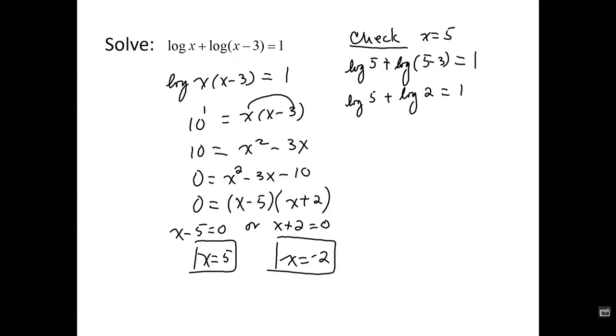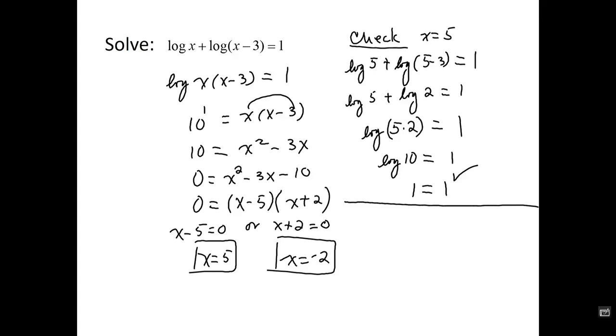And again, using the inverse of the product rule, we can rewrite this as the log of 5 times 2, which is equal to 1. So the log of 5 times 2 is the log of 10 is equal to 1. And the log of 10, since this is base 10, we have 10 to the 1 is equal to 10, so it checks out. 1 is equal to 1. So 5 is a solution.